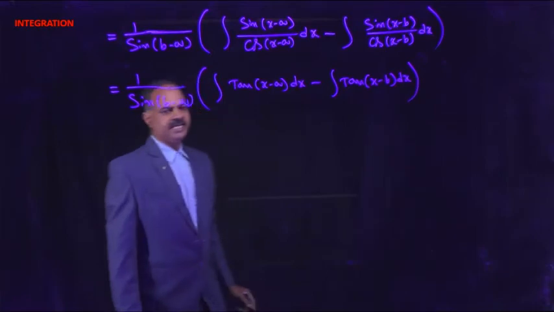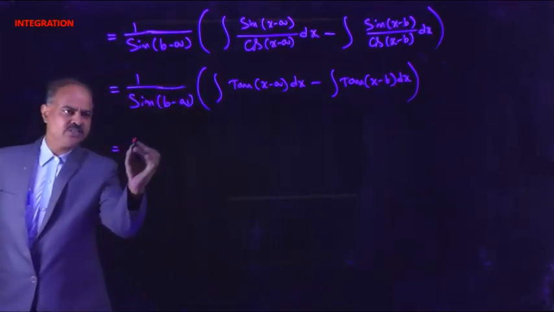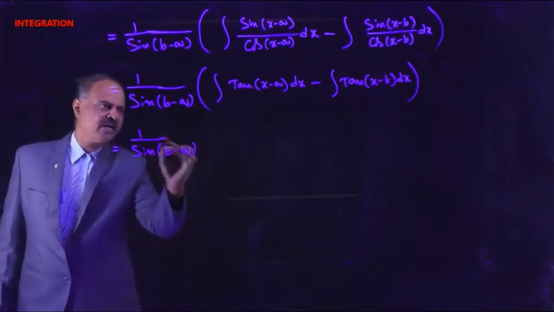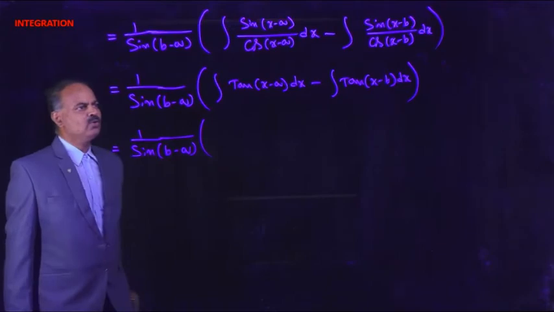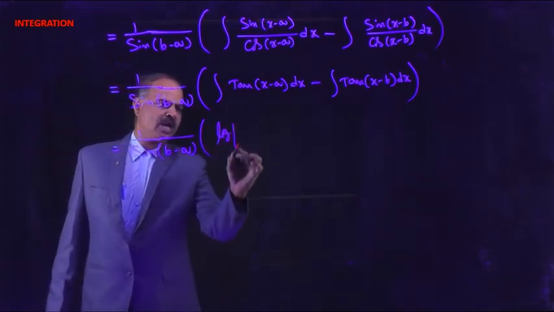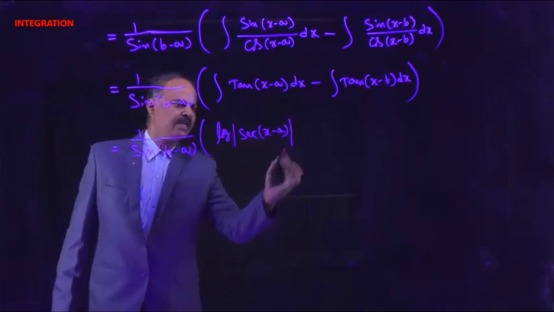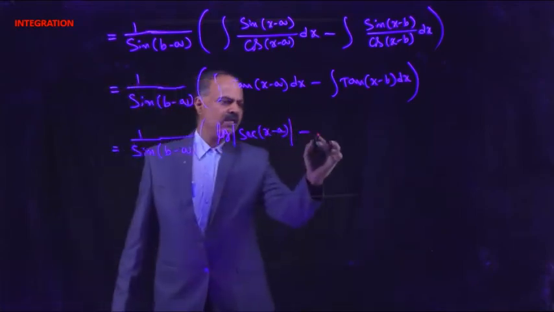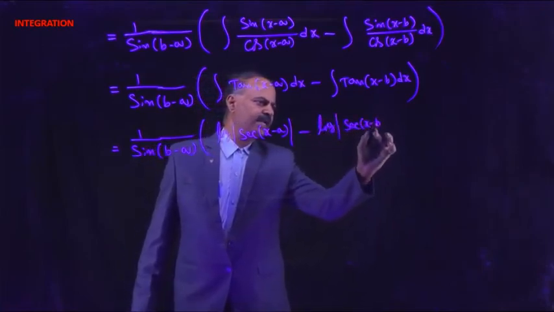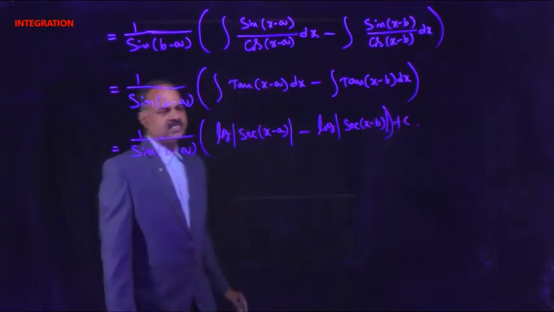We know that integral tan x equals log modulus of secant x. Now this equals 1 by sin of (b minus a) into integral tan of (x minus a), that is equal to log modulus of secant (x minus a) minus log of secant (x minus b) plus integration constant c.